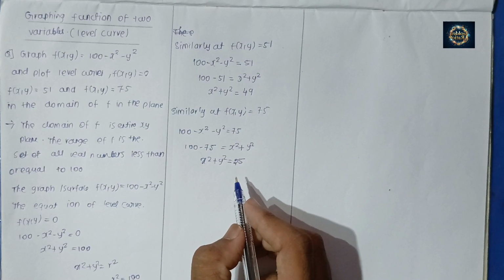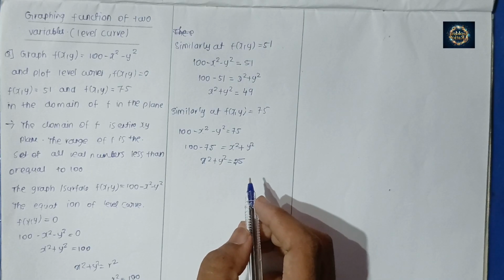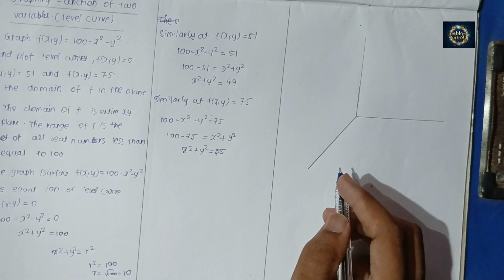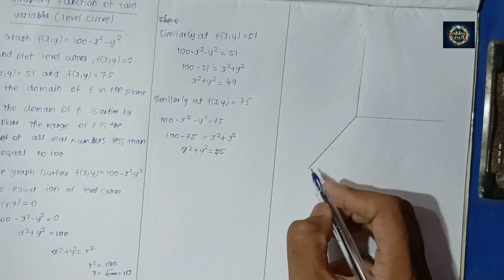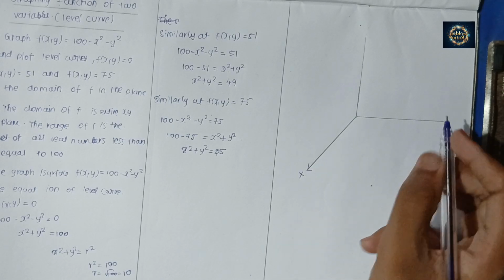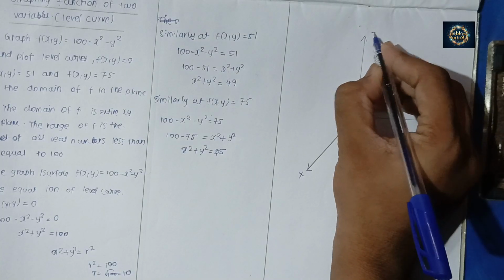Now we need to plot these in a plane, so I will explain how to plot. For plotting, exact measurement is not needed; just a rough diagram is enough. I have drawn an xyz Cartesian plane and I will name the x, y and z axes.